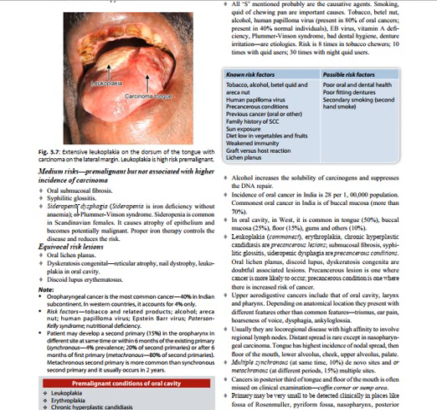So when you have a low level of iron, it can also predispose you to cancer. Sideropenia is defined as iron deficiency without anemia.